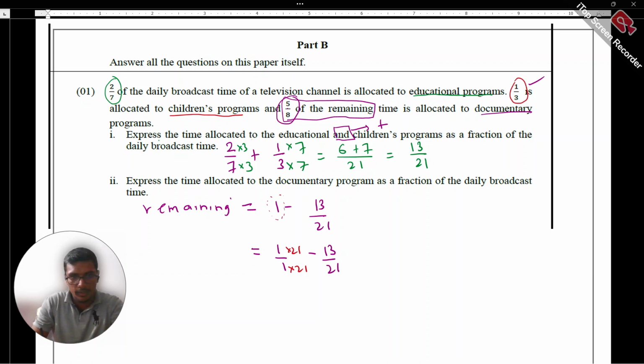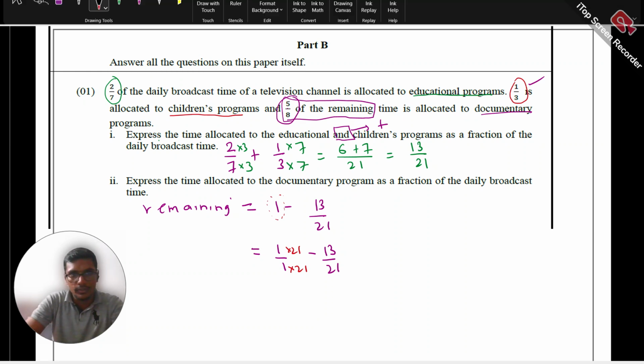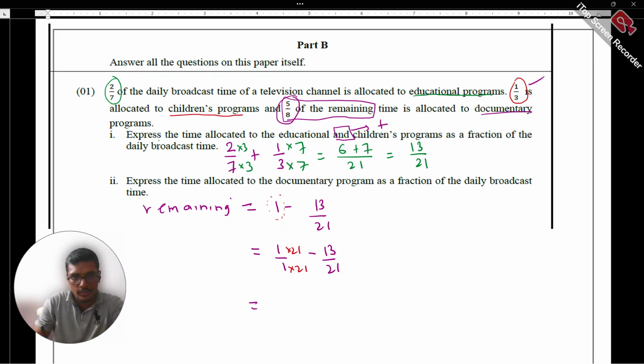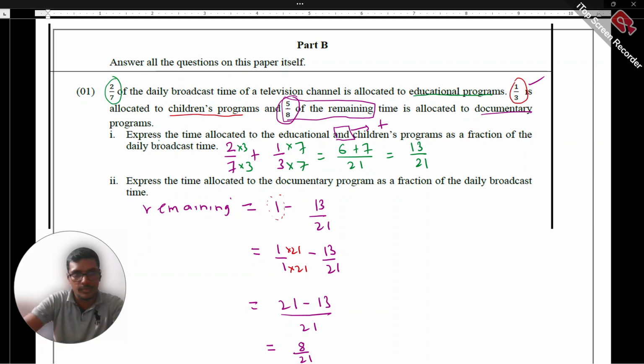When you are finding the remainder, always we should subtract from 1. Then 21 minus 13 over 21. 21 minus 13 will be 8. 8 over 21. This is the remainder.